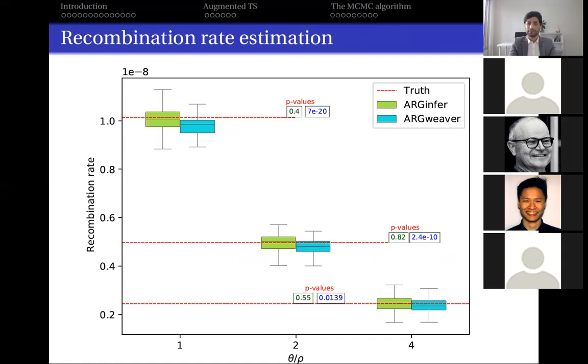It is related to, for each data set, we have a recombination rate estimation for each method. We have 150 data sets, so we have 150 estimates for one method. And we also have the truth for the recombination rate.